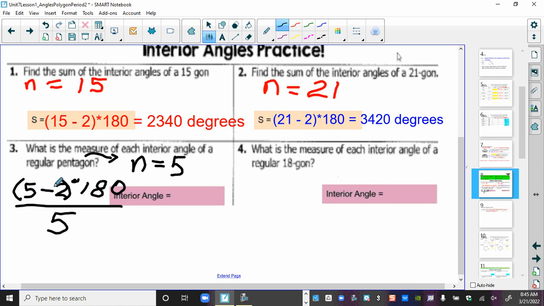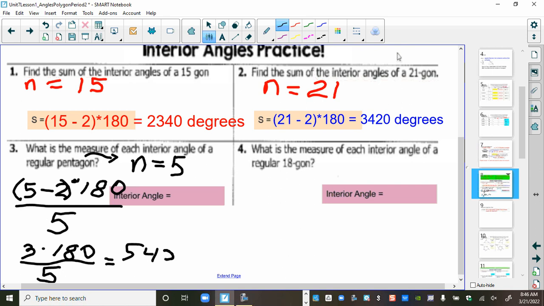So this first part, well, what's 5 minus 2? 5 minus 2 is 3. And then we have to multiply by what number? Multiply by 180. So what's 180 times 3? 540.